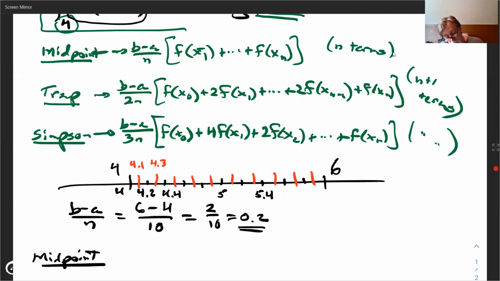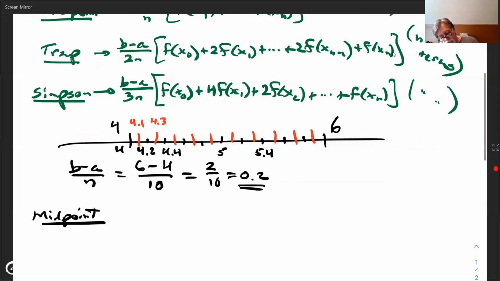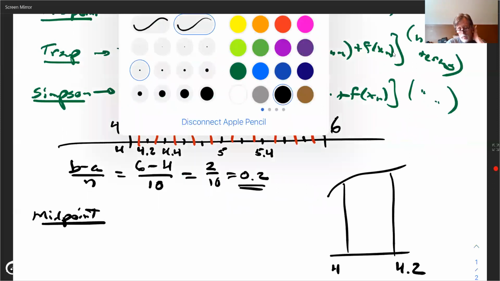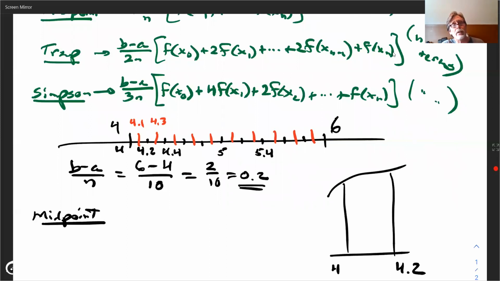A little bit about the midpoint method. You have a curve here, and you want to approximate the integral over, say, the very first subinterval in our problem, from 4 to 4.2. We take an arbitrary number like we do in Calc 1, and in this case we choose the midpoint, 4.1.